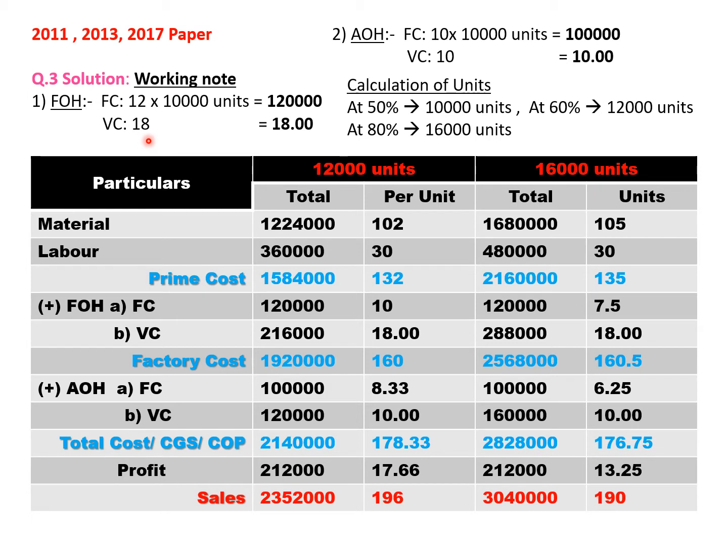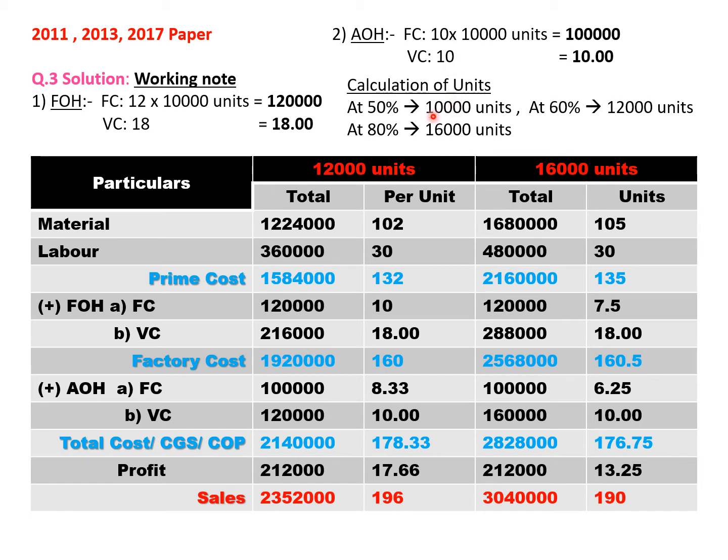As I explained before, for fixed consider total, for variable consider per unit. Fixed is 12 into 10,000 units, which is 1,20,000. Variable cost is 18 rupees. Administration overhead fixed cost is 10 into 10,000 units, you get 1 lakh, variable 10 rupees.